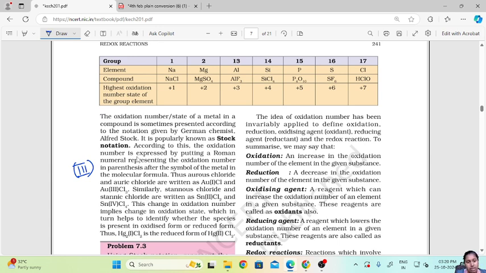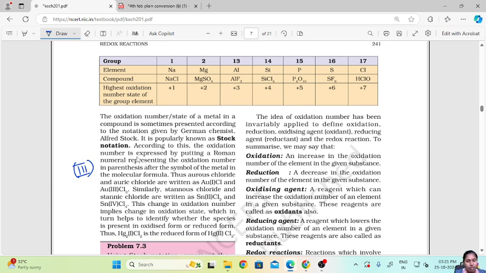So this change in oxidation number implies a change in oxidation state, which in turn helps to identify whether the species present is in oxidized form or reduced form.